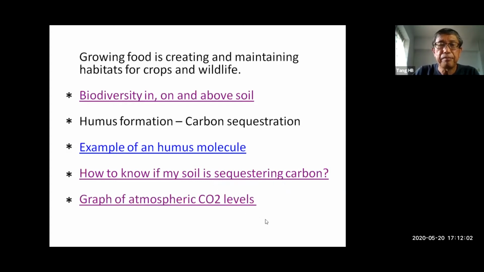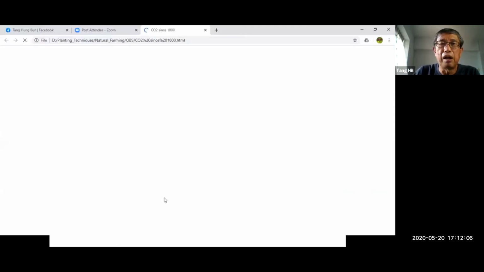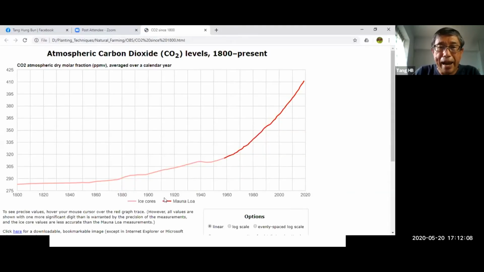Right? And I'll show you a graph of the CO2 level in the air, right? Starting from 1800, more than 200 years ago. So you can see that it rises sharply in the 60s here, and it's rising faster and faster. And last year, it was at the level of 411 parts per million.